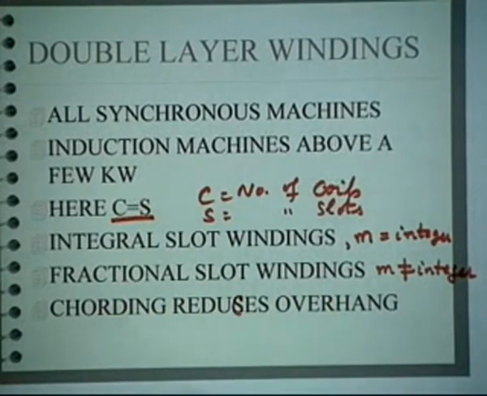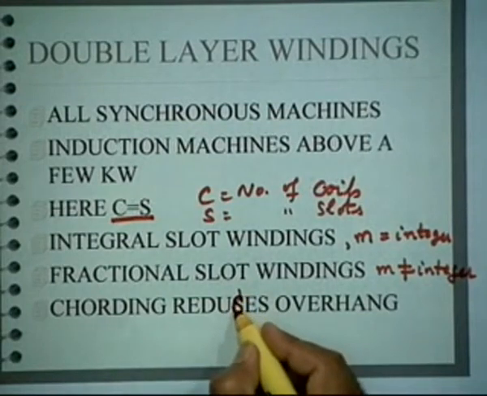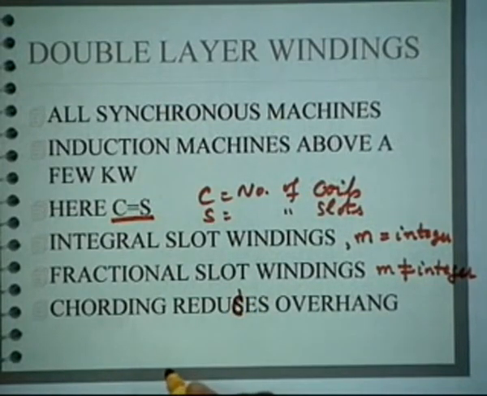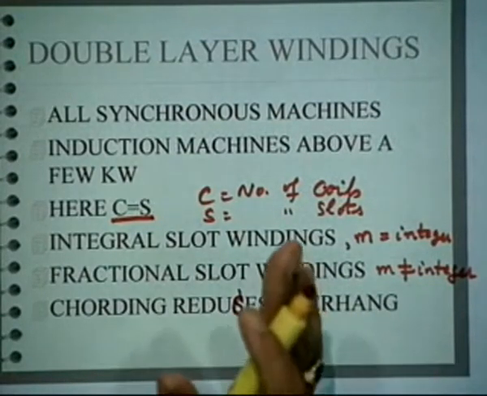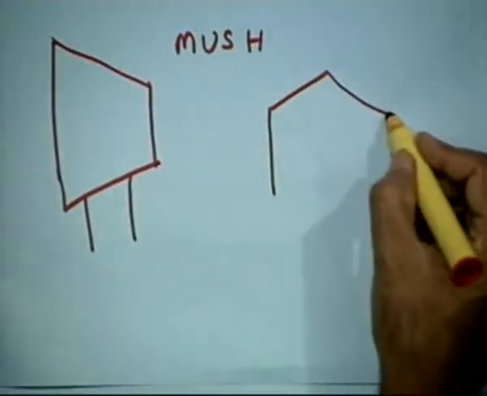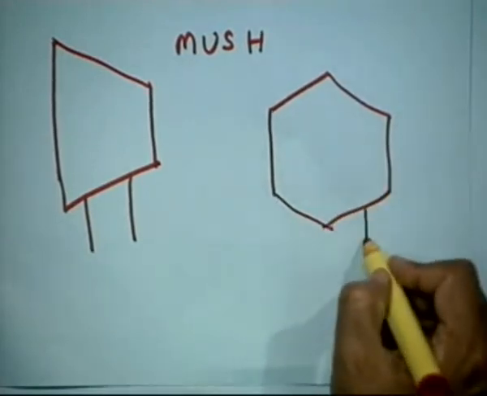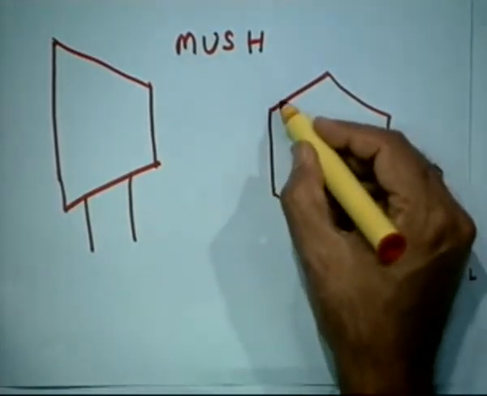Okay. Then you normally do chording, and chording, apart from reducing harmonics of the MMF, also reduces overhang. If the coil span is small, the overhang or end winding length is small, isn't it? So if you take, for example, this is one coil. Look at this, this is the overhang.